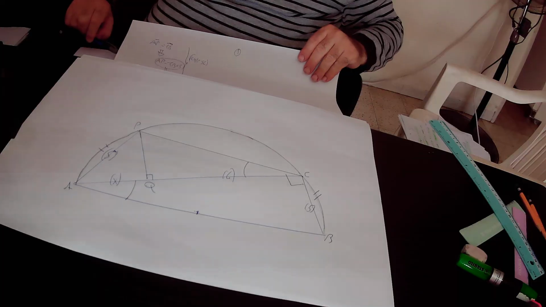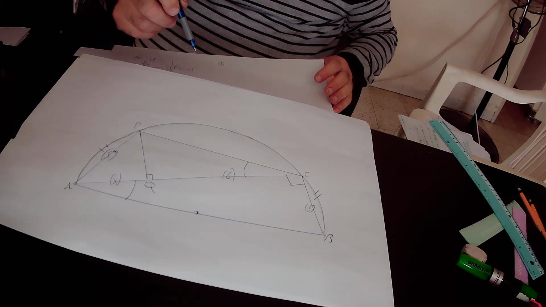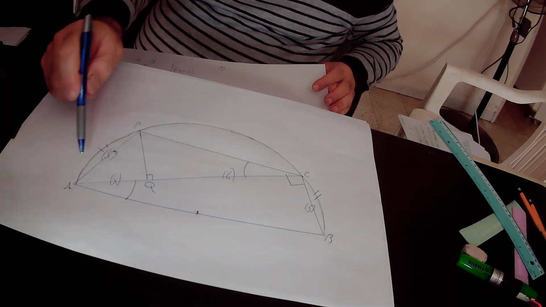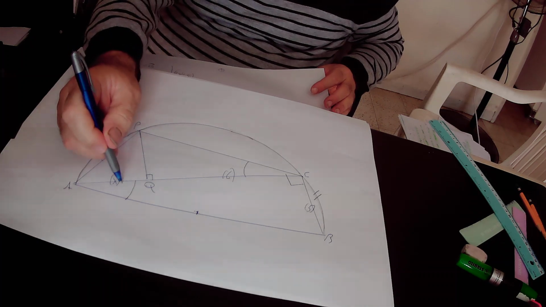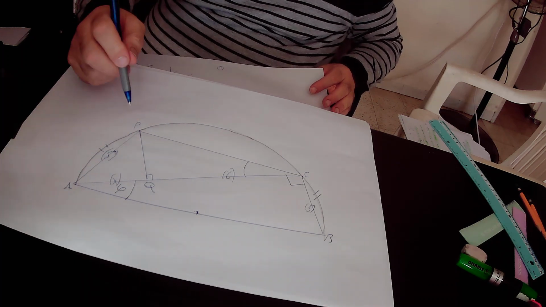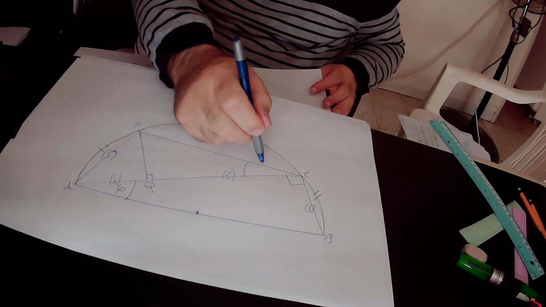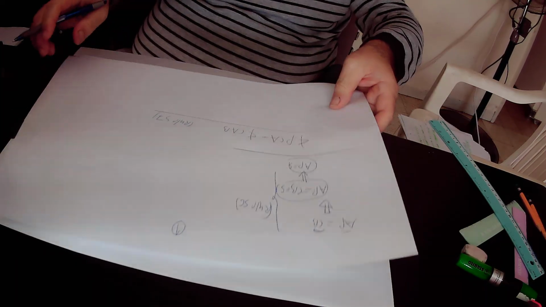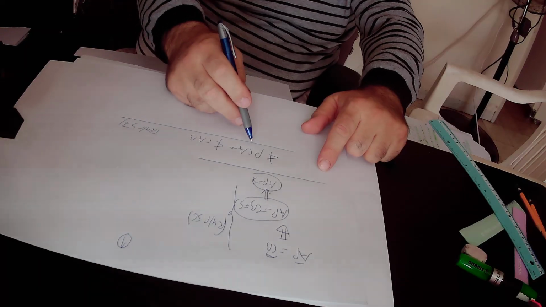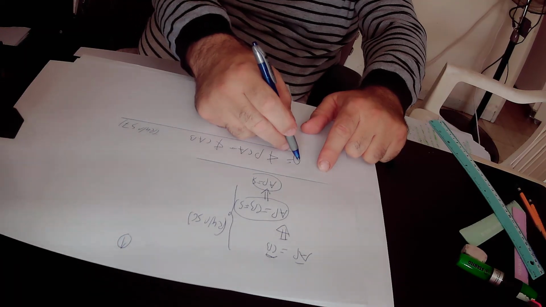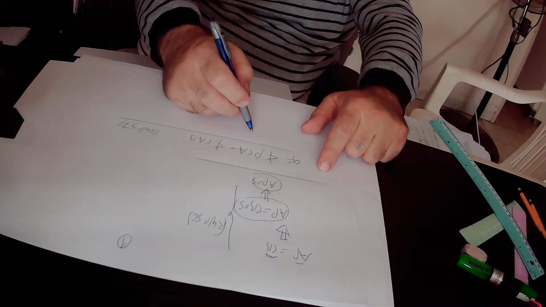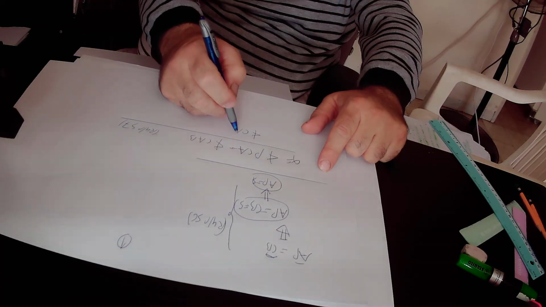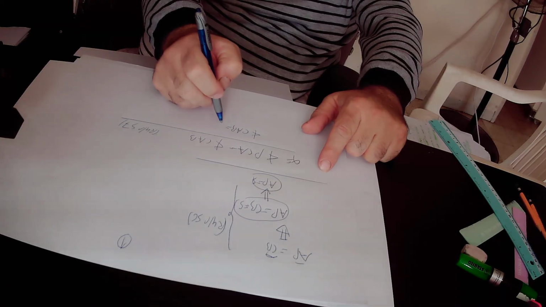So if we define the size of peripheral angle CAB as alpha, then the size of peripheral angle PCA must also be equal to alpha because they are equal to each other.